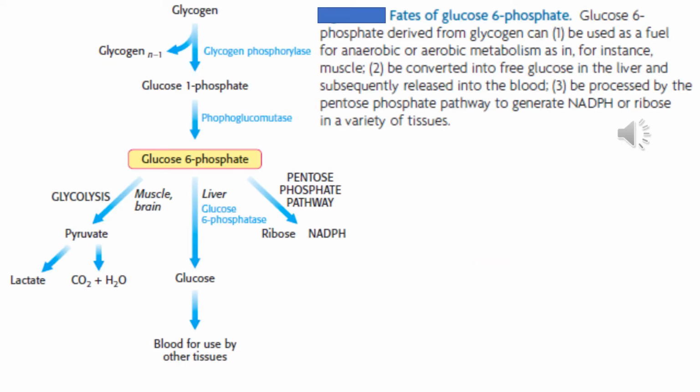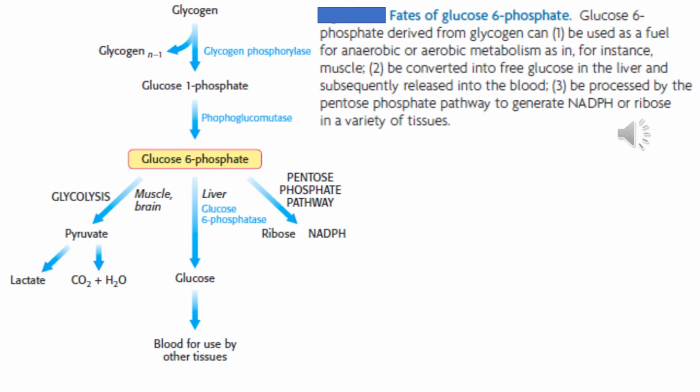Glucose 6-phosphate is an intermediate in many metabolic pathways. You have seen earlier that it is an intermediate of glycolysis. And in liver, glucose 6-phosphate is transformed into glucose by means of the glucose 6-phosphatase enzyme, thereby increasing the concentration of glucose in the blood.